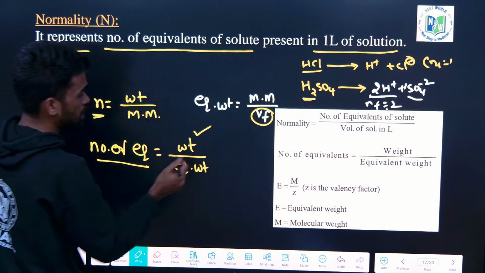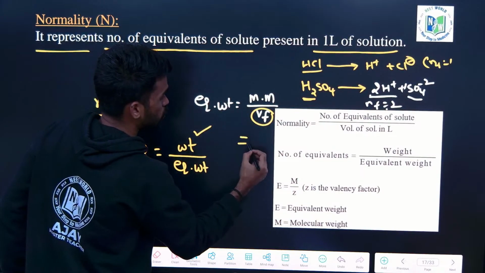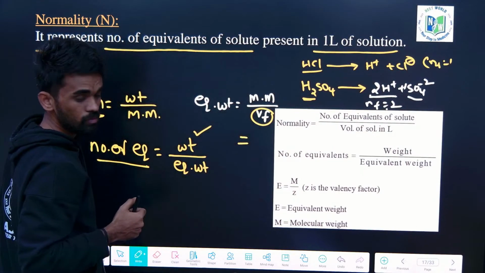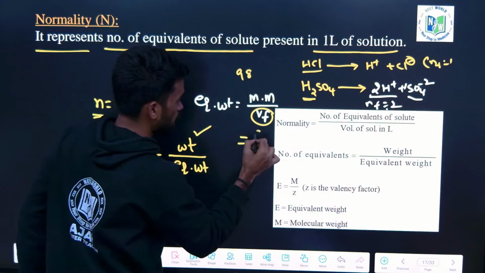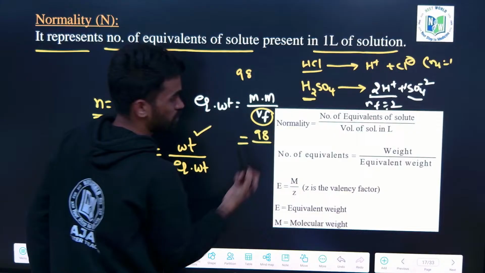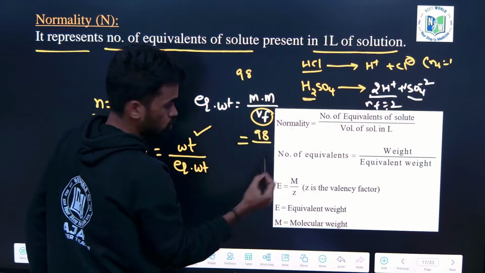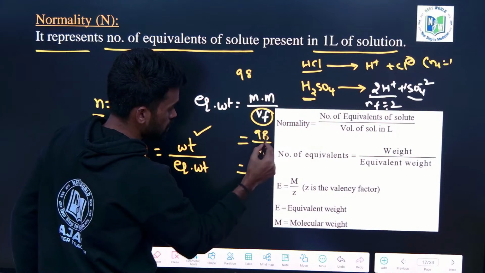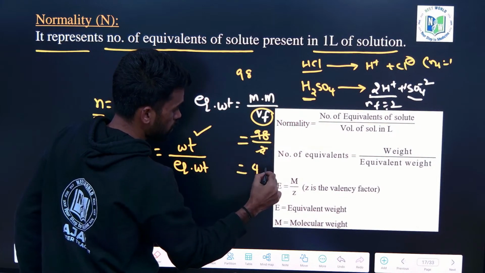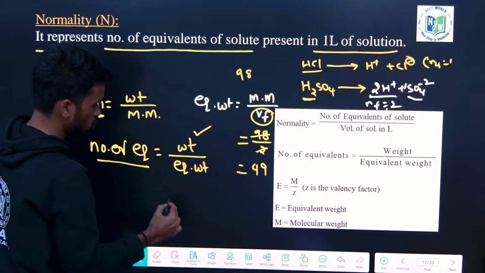For example, what is the molecular weight of sulfuric acid? Tell me. 98. So 98 divided by its valency factor, which is 2. So now its equivalent weight becomes 49. So what is weight?